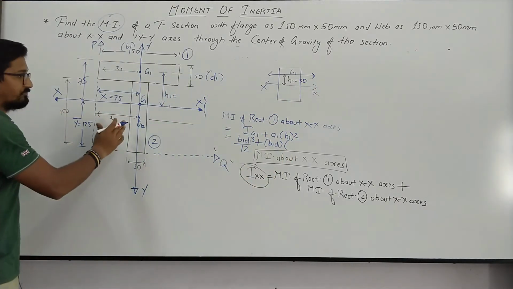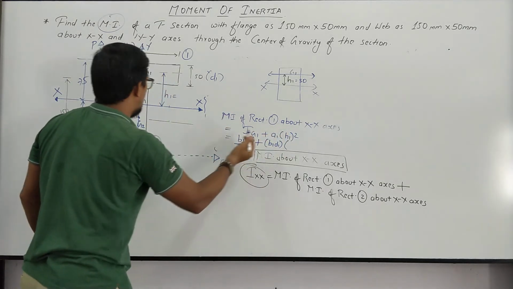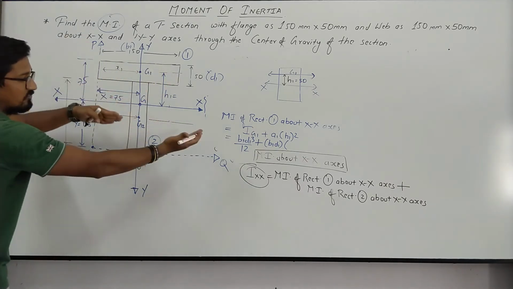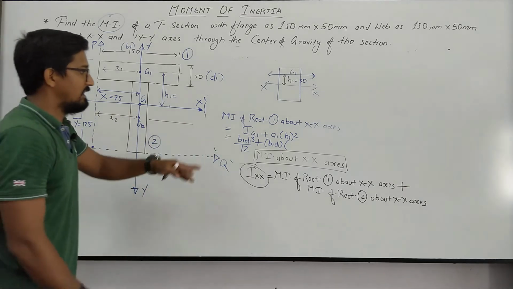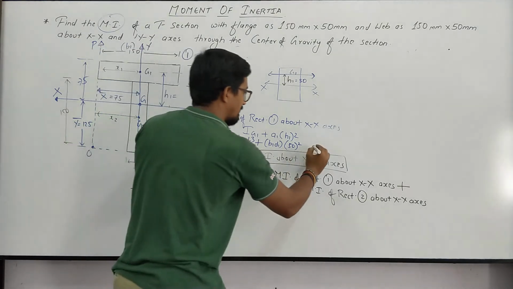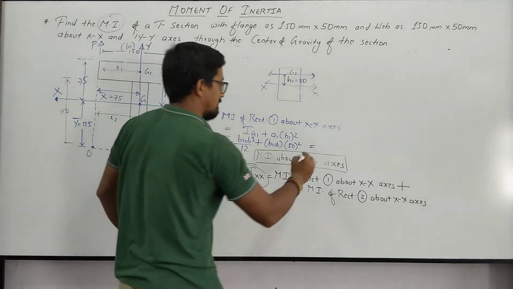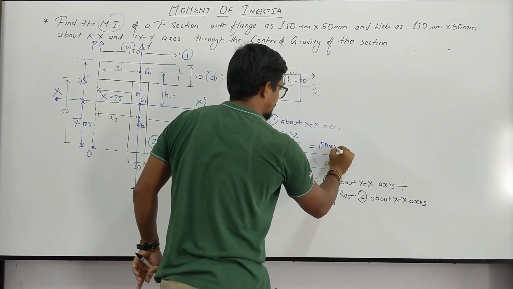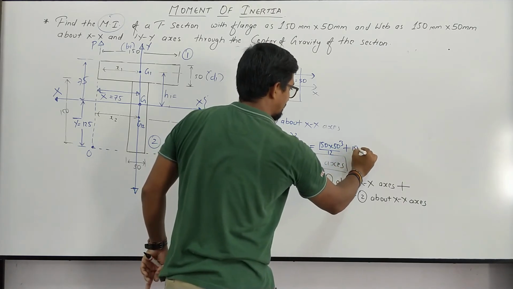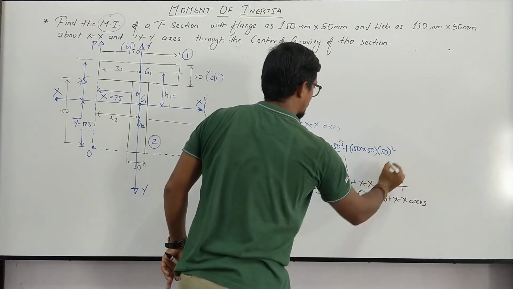So first what we are doing, we are calculating MI of rectangle 1 about x-axis. So we are using the parallel axis theorem here, correct? h1 will be 50. So I can put the values here. What is b1, d1? b1 is 150, d1 is 50. 150 into 50 cube divided by 12 plus A1, again 150 into 50, h1 50 square, correct?